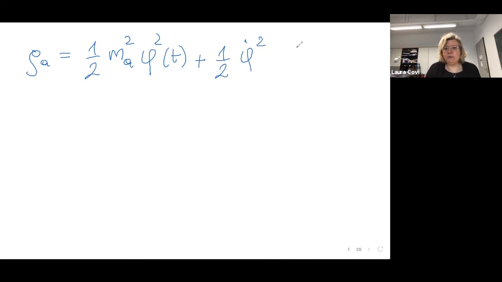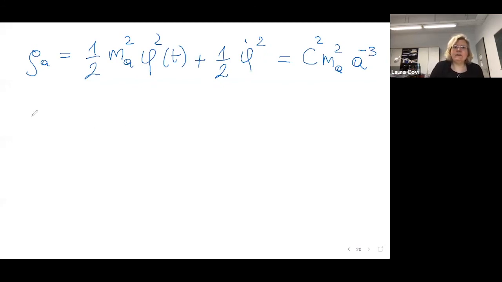And if you insert the solution, you will find that the cosine and the sine squared will cancel out. So this will give you nothing else than the constant square, the mass squared, and a to the minus 3.